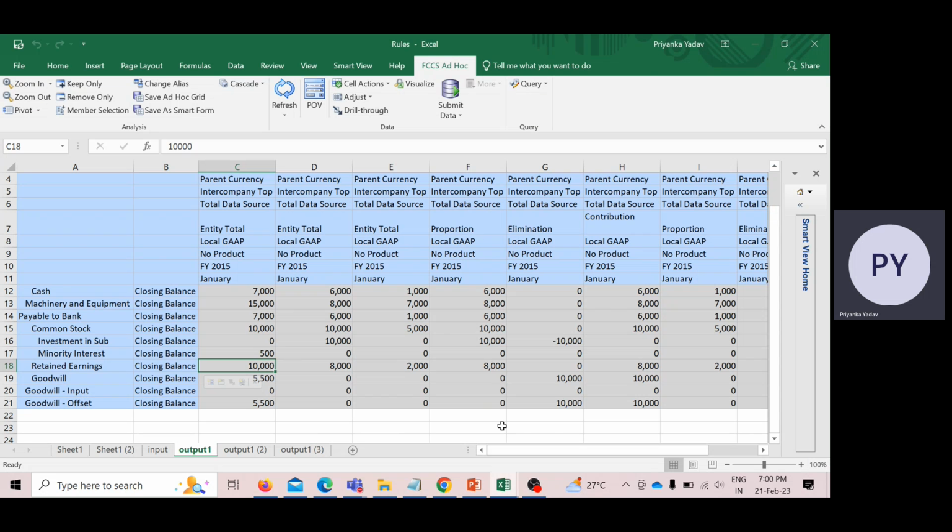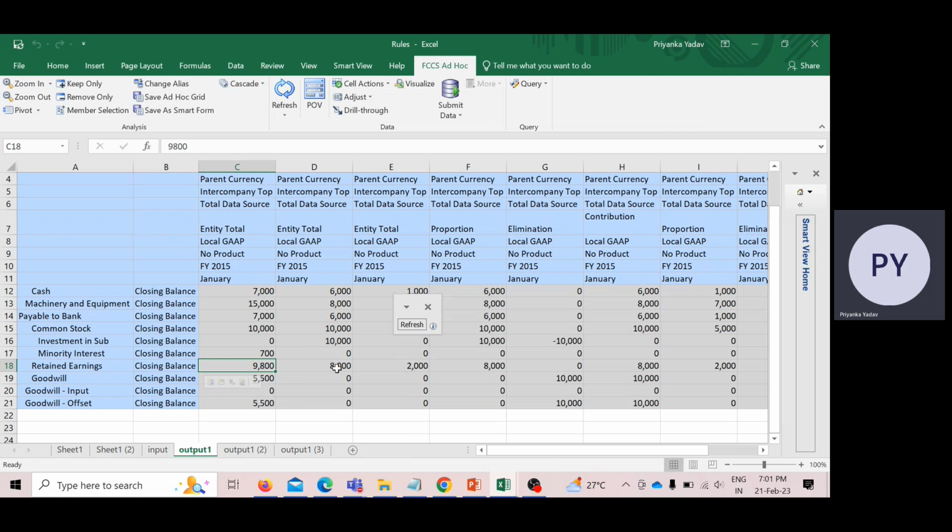Now, out of the 9 rules, the net income rule set was the last one. We had got all the results except the figures in minority interest and goodwill. The effect of retained earning percentage was not showing. So now we'll refresh our sheet. Okay, now you see minority interest is taking the effect of retained earning percentage also.